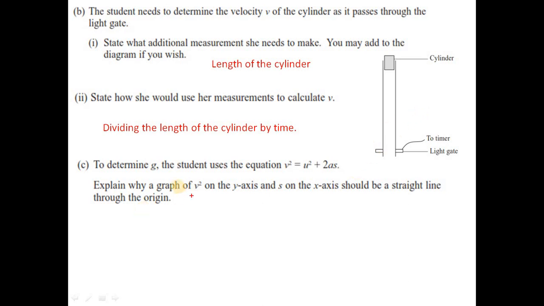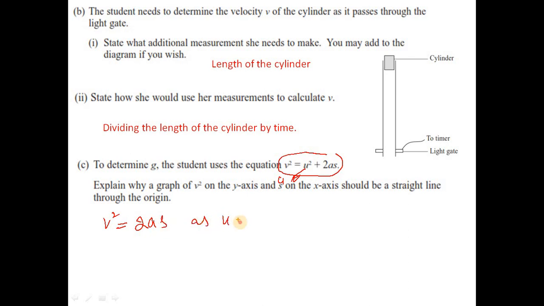A student is using v squared is equal to u squared plus 2as. As the cylinder is being dropped from rest, the initial velocity is considered to be 0. So if u is 0, the equation becomes v squared is equal to 2as.